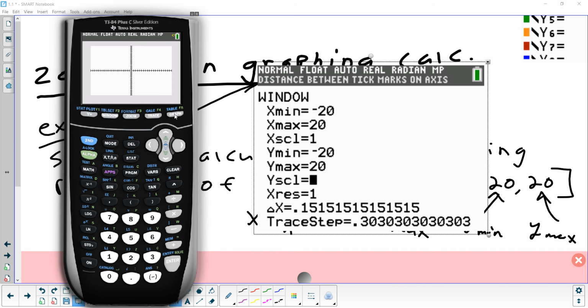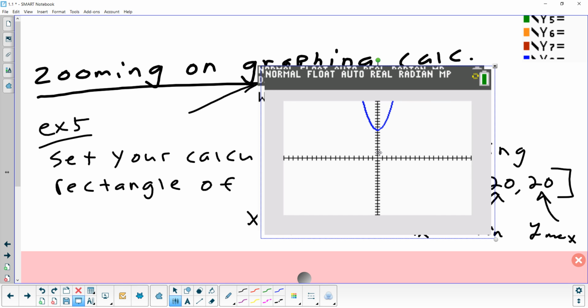Now, graph. Now, everyone should see that graph on their screen. Okay, how many people got that graph? Okay, good. So the reason we couldn't see it before is because the window was basically right there.